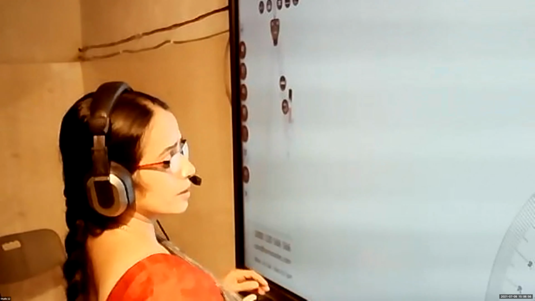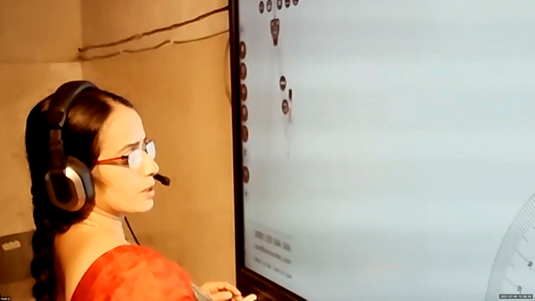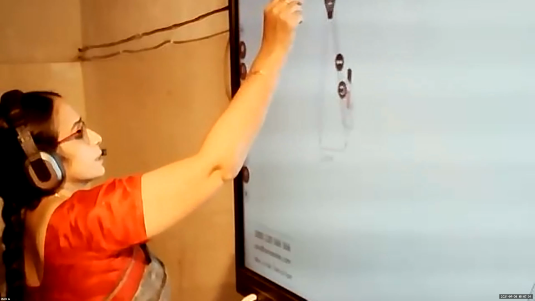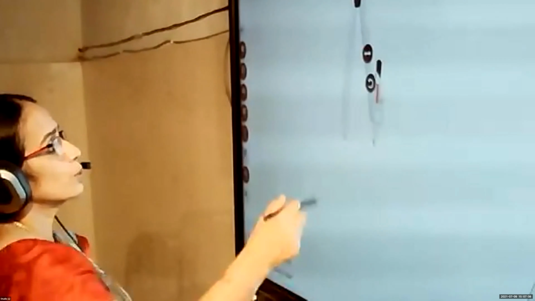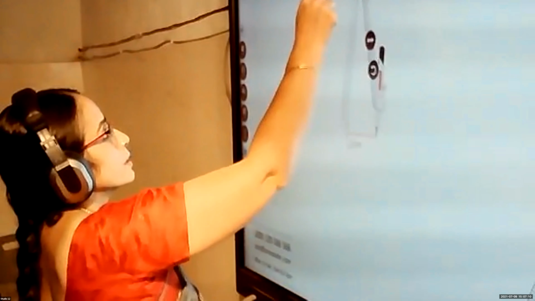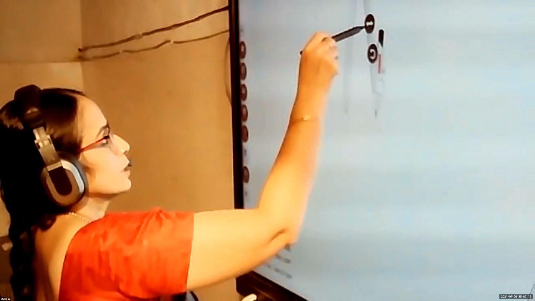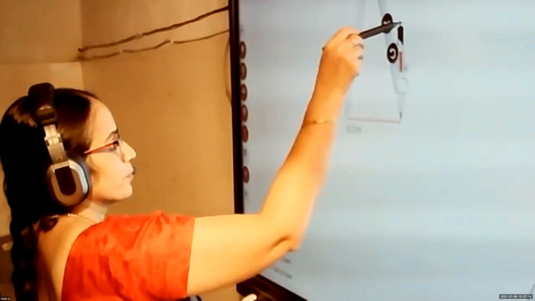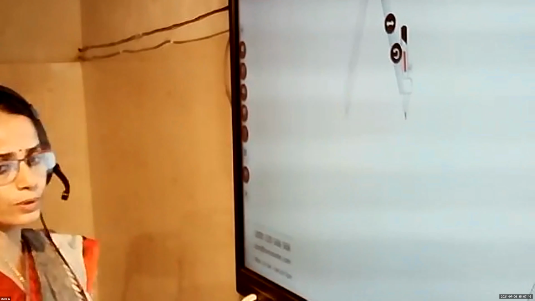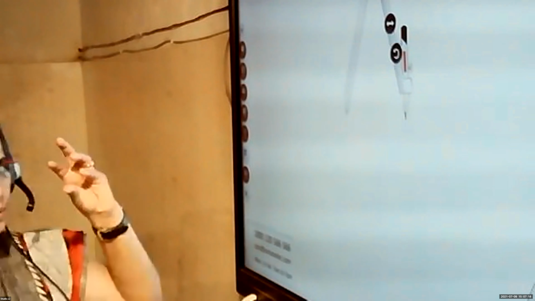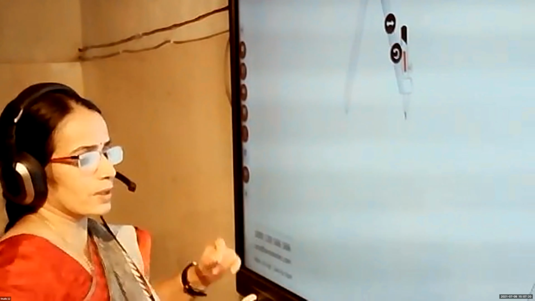Protractor also we need. It is with you now in your instrument box. Compass, protractor and scale. Everything will be there. Okay. So let us begin. First of all, we will draw a circle with any radius. You can choose any radius, either 2 or 3 centimeters. Don't choose a small circle.